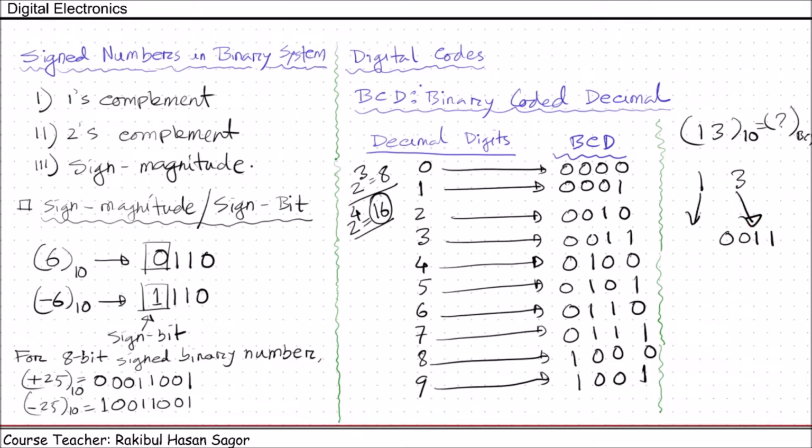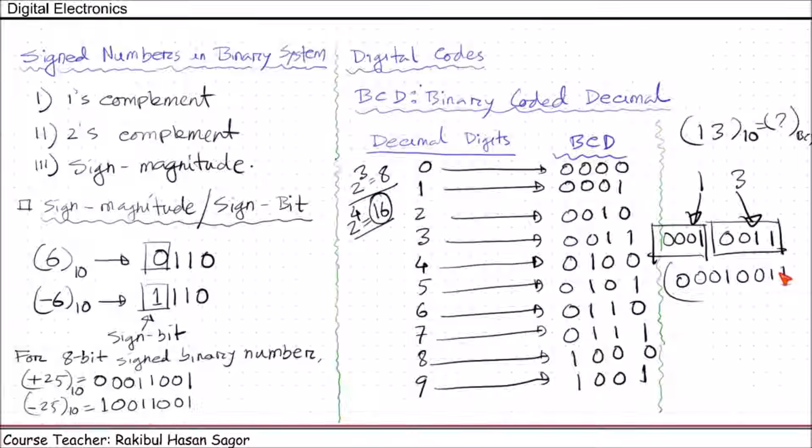And 1 can be represented by using BCD 0001. So we have 4 bits in each segment, and in another segment another 4 bits. So this is the binary coded 00010011. This is the BCD code of the 13 decimal value.